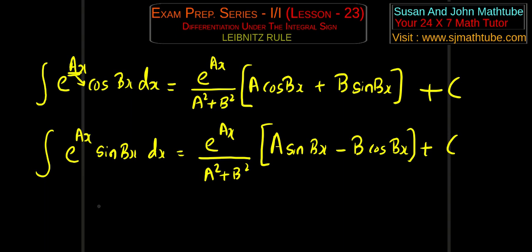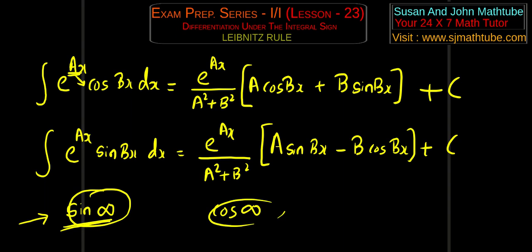And the second thing is the value of sin infinity and cos infinity. I'll strongly recommend you go through the videos in improper integral, because we learned this properly. Anyway, sin infinity or cos infinity, they are both finite numbers.